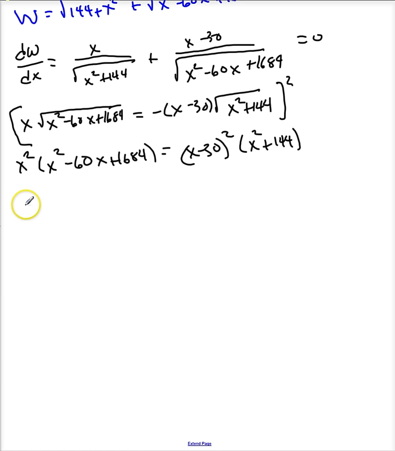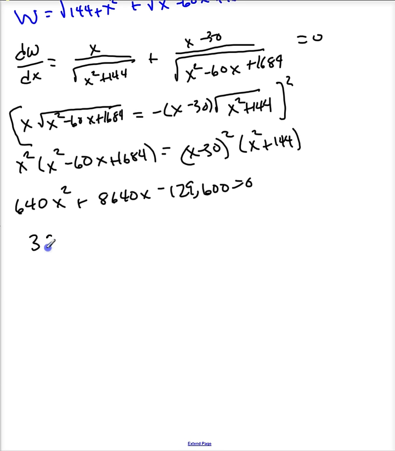Now, I'm going to do that with the magic of television. That's 640x squared plus 8640x minus 129,600 equals 0. Yuck. Let me factor this mess out.